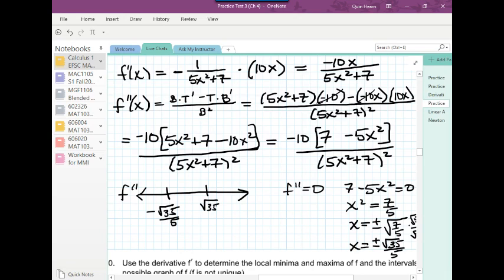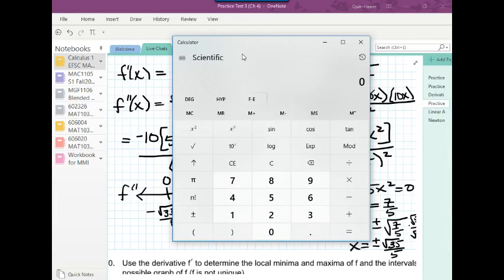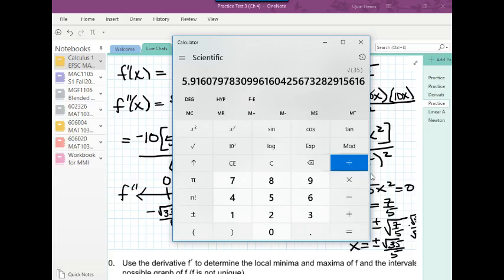So by the square root property, x is plus or minus the square root of 7/5. Now we don't like to leave a radical in the denominator. We don't like to leave a fraction under a radical. So we would rationalize this by multiplying by square root of 5 over square root of 5. So you'd actually have x equals plus or minus the square root of 35 over 5.